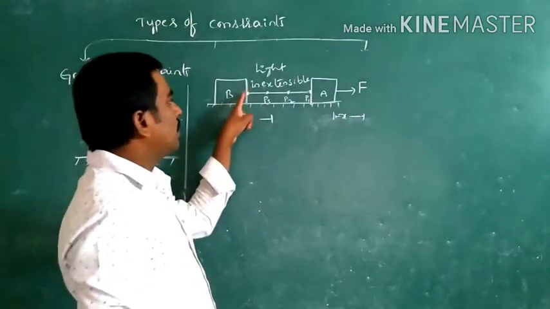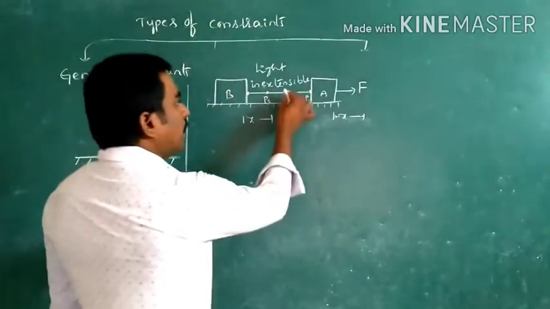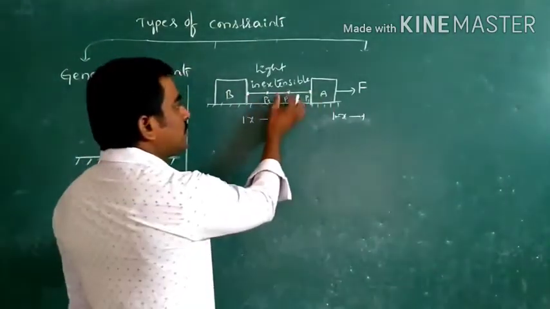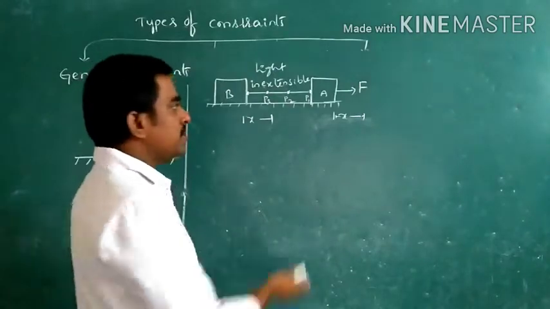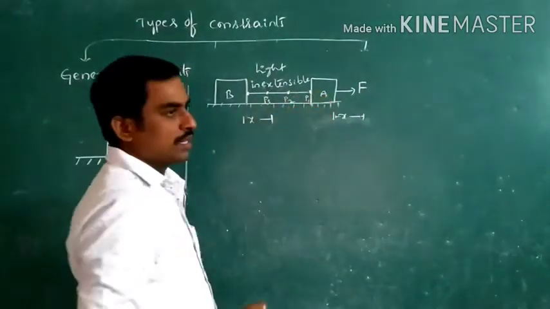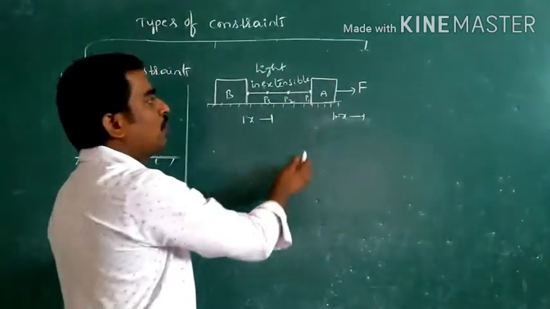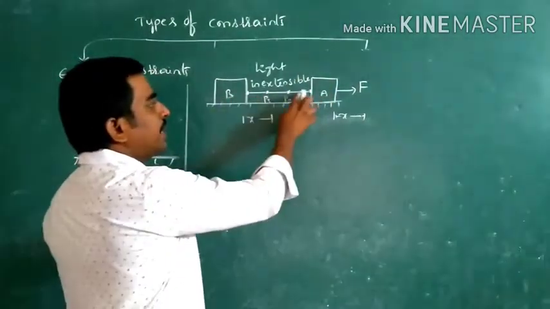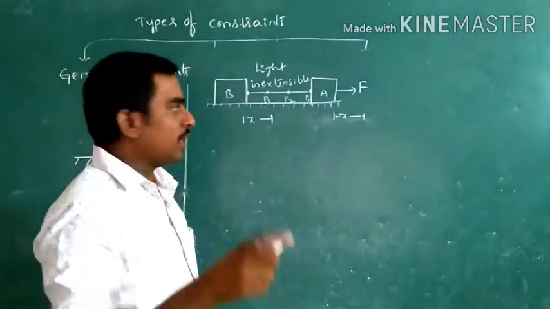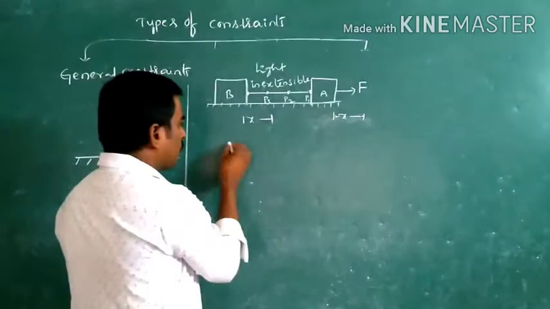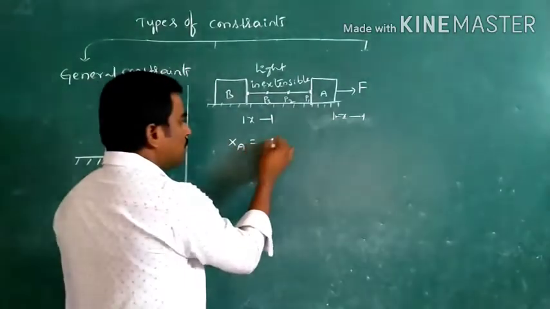The distance covered at every point is the same x, because the distance between every pair of particles remains constant. There is no change in distance between any two points. That's why the distance covered by block A must be equal to the distance covered by any point along the length. Finally we conclude that the distance covered by A is equal to the distance covered by B.